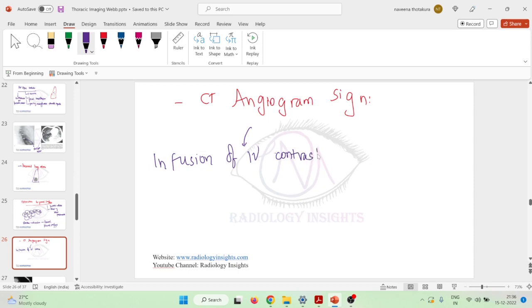And when you give this IV contrast, you will see opacified vessels. The contrast opacified vessels are visible in the presence of contrast. So these contrast opacified vessels will appear as a CT angiogram sign.